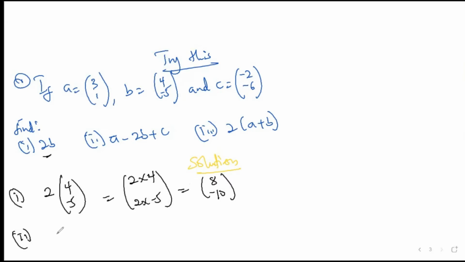Sasha, let's go. So A minus 2B plus C equals bracket open (3, 1) bracket close, minus 2 bracket open (4, -5) bracket close, plus bracket open (-2, -6).